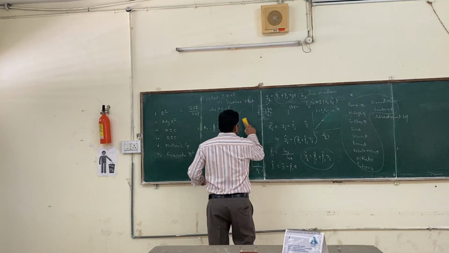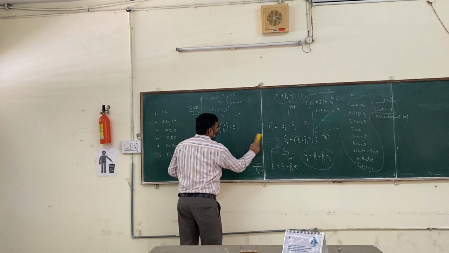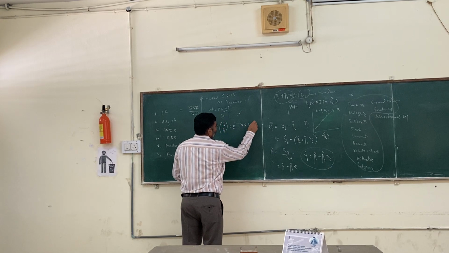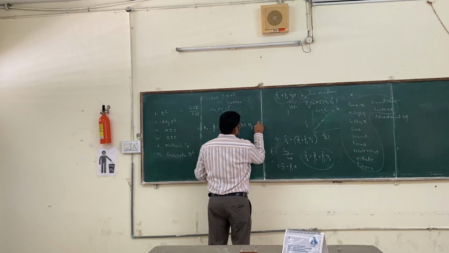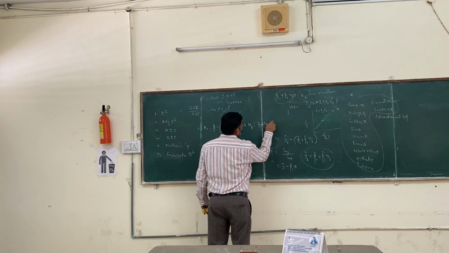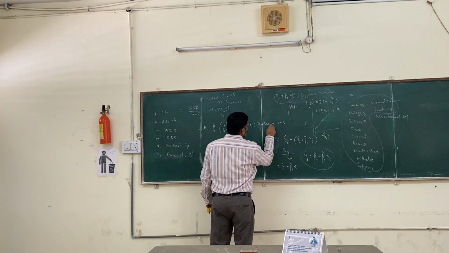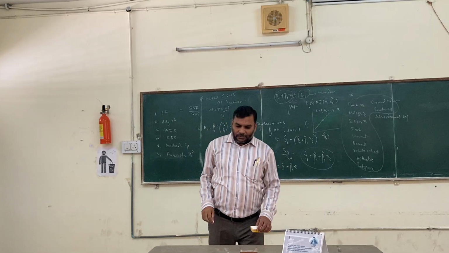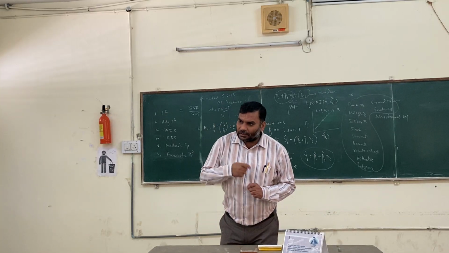Alternative. Because whenever we are writing the null, we always have an alternative. So versus H1 we say that at least one beta j is not equal to 0, where j equals 0 and 1. It means at least one beta j is not equal to 0.